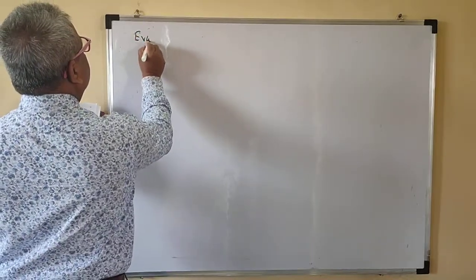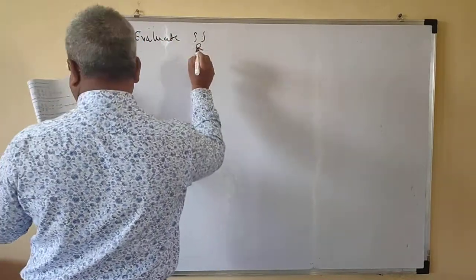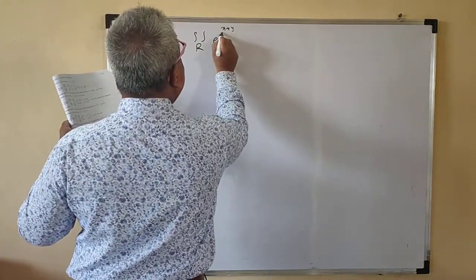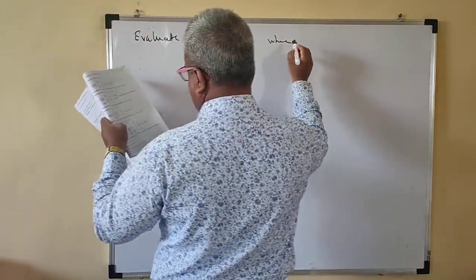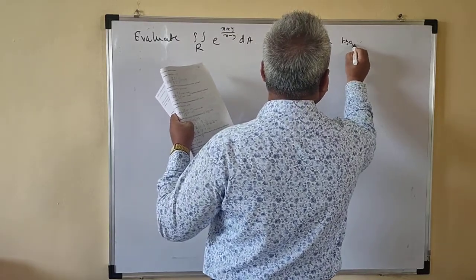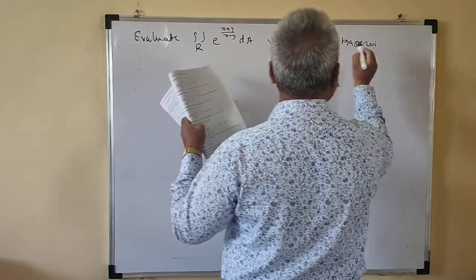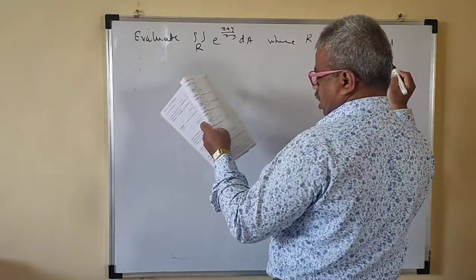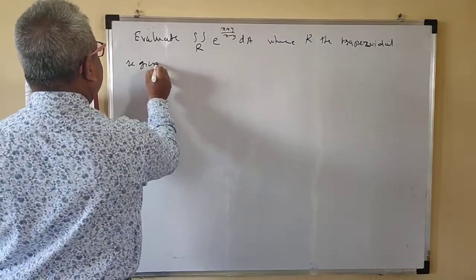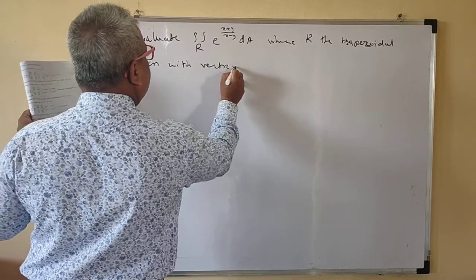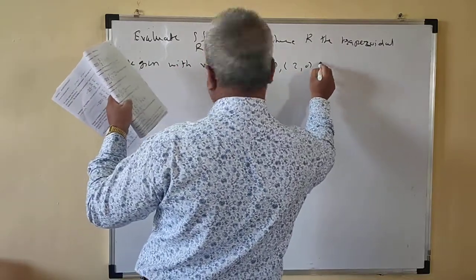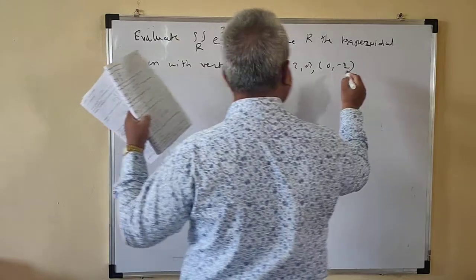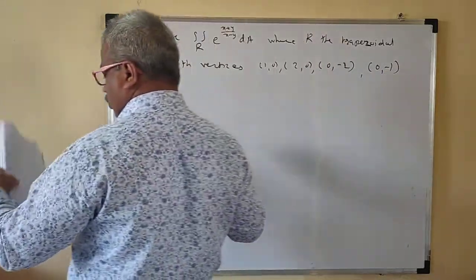Evaluate the double integral over R of e raised to (x plus y) upon (x minus y) dA, where R is the trapezoidal region with the vertices (1, 0), (2, 0), (0, minus 2), (0, minus 1).